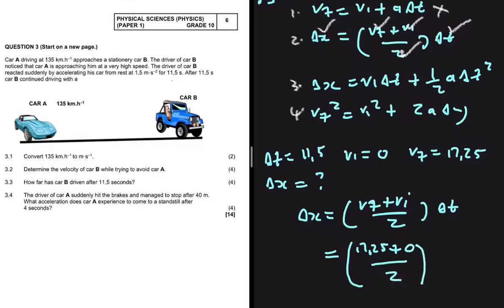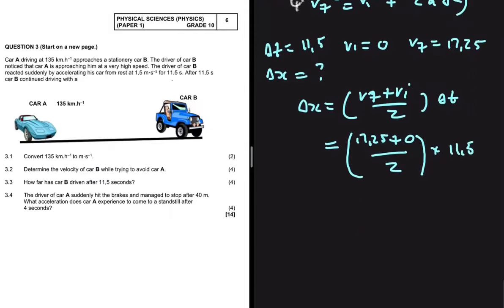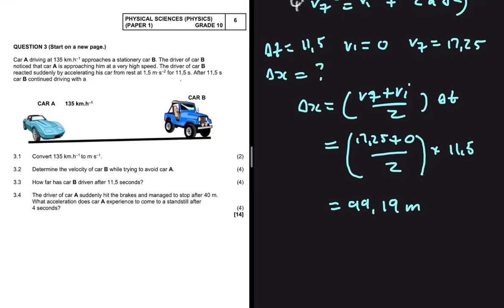Multiplied by delta t, which is 11.5. If you put that in your calculator, you should get delta x being equal to 99.19 meters. Well, displacement is a vector, so let's give a direction. If we agree that this is west and this is east, we can say that that is 99.19 meters to the east.